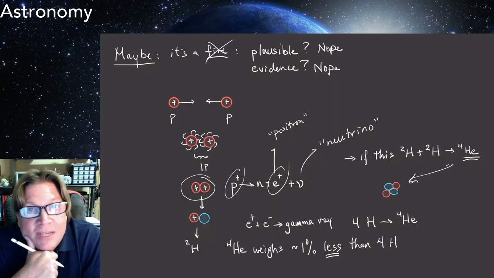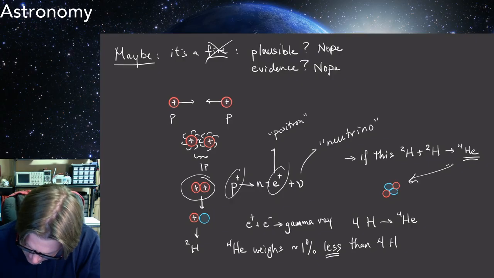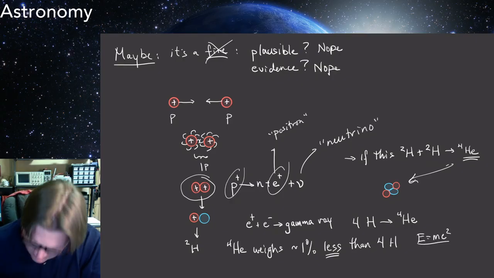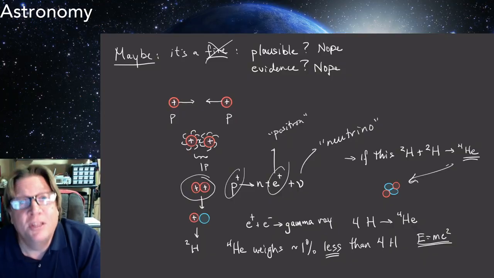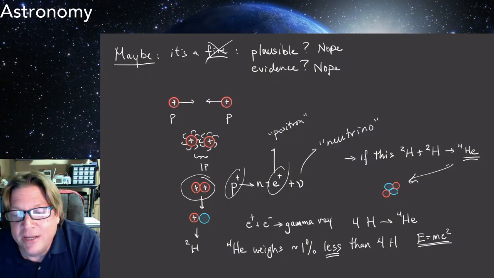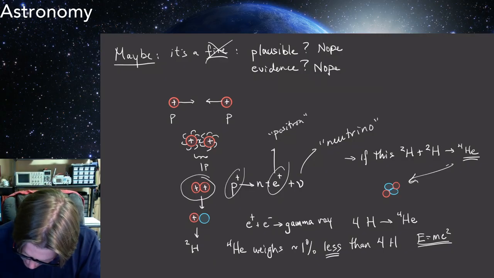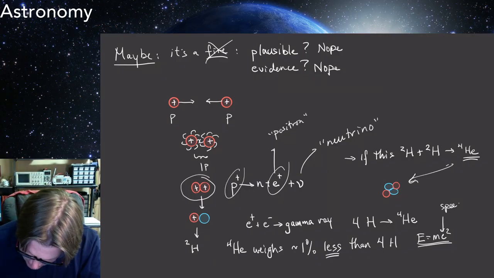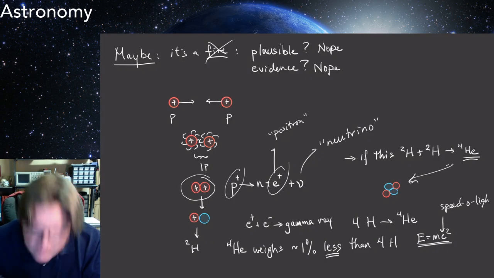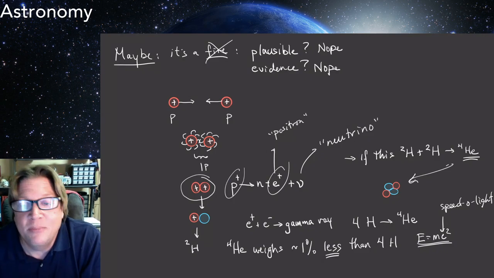And where does the mass go? Einstein said, in the most famous formula in all of physics, that the amount of energy, E, you get from a mass m is multiplied by the speed of light. This is the speed of light squared. That's a huge number. Speed of light's big already. And then you square it.